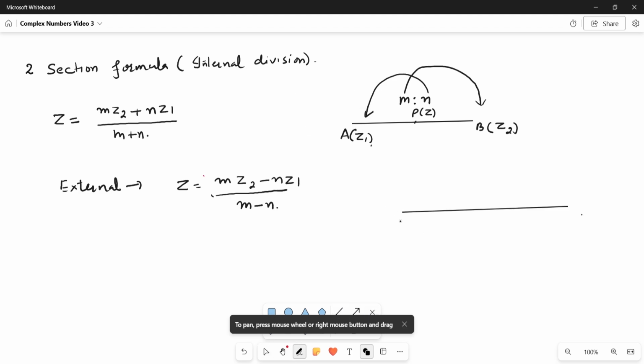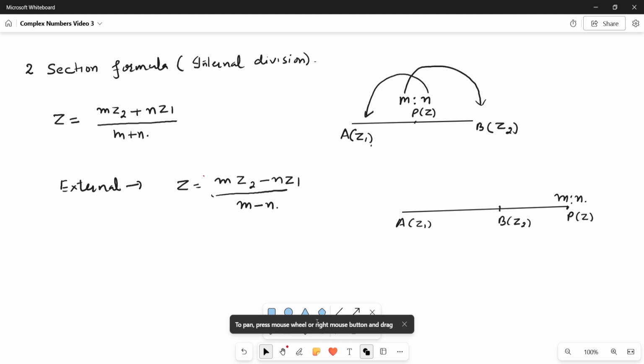See here, this point is A, complex number Z1. This point is B, complex number Z2. This is P, Z. The ratio is m is to n, divided externally in the ratio m is to n. So the formula will be mZ2 minus nZ1 upon m minus n.